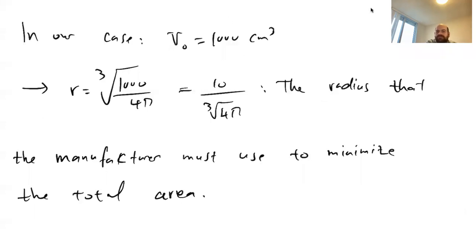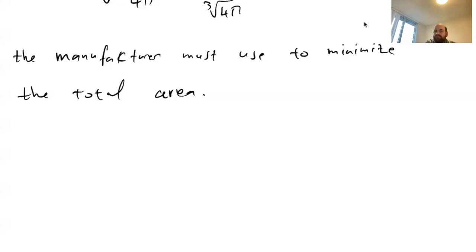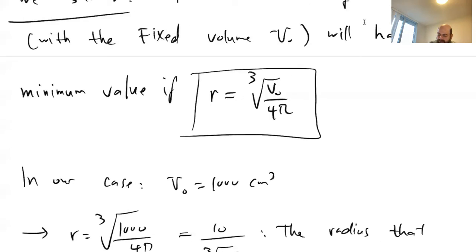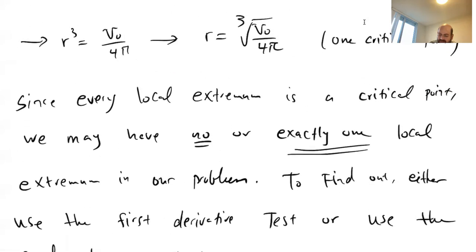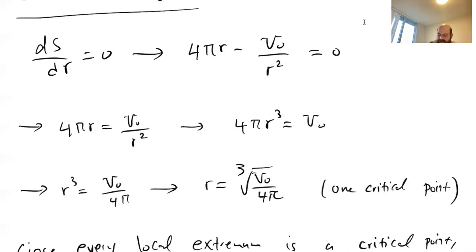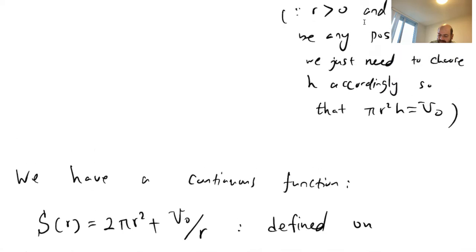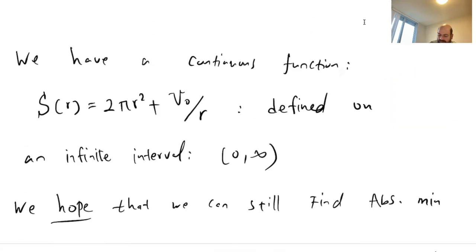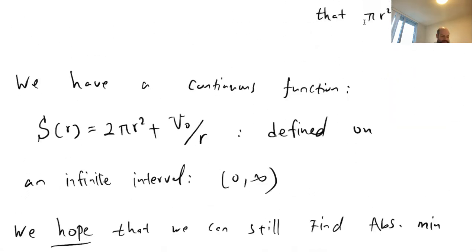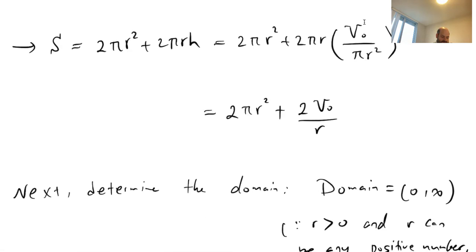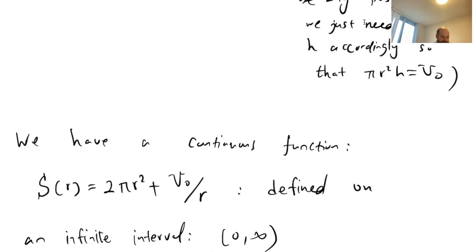Okay, guys. Okay, so I think I just realized I made some calculational mistake. One factor, I missed it when I did the calculation here. S equals 2 pi R squared plus, it was 2 V0 over R. I forgot this factor 2.